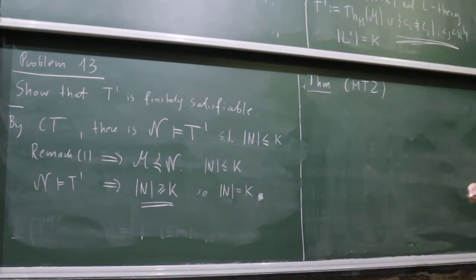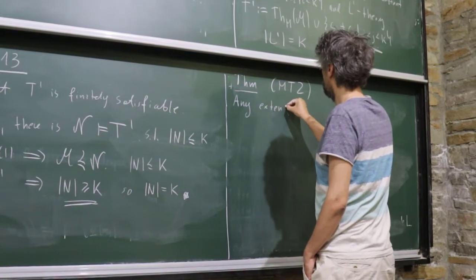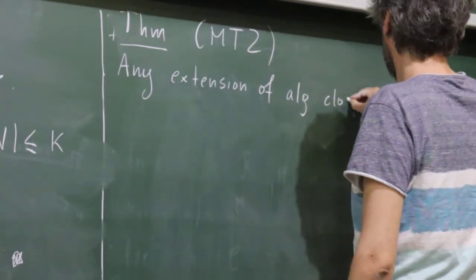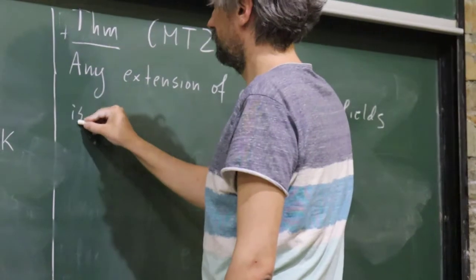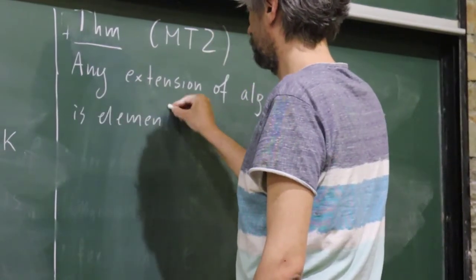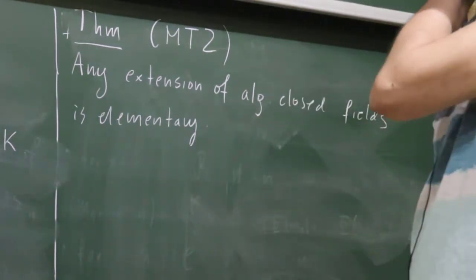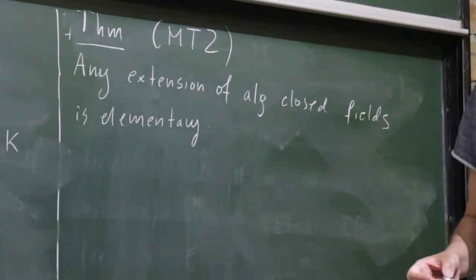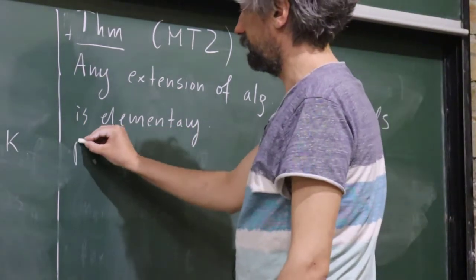This was crucial for Hilbert-Nullstellensatz. So any extension of algebraically closed fields is elementary. So this will be something concrete. First real example that such things happen. Okay, this was needed for Hilbert-Nullstellensatz, but it takes a bit more time than I have left.